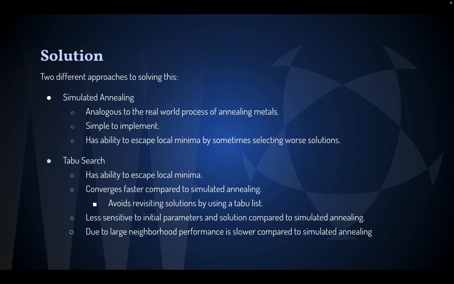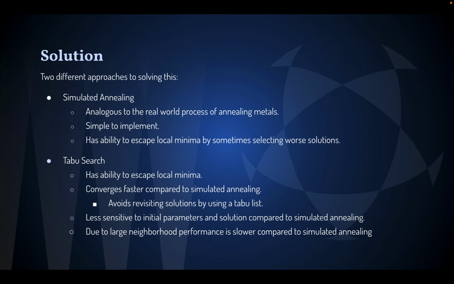The second approach is taboo search, which has the ability to escape local minima and converges faster compared to simulated annealing. Taboo search avoids revisiting solutions by using a taboo list, which is less sensitive to initial parameters and solutions compared to simulated annealing. However, due to the large neighborhood, the performance of taboo search is slower compared to simulated annealing.